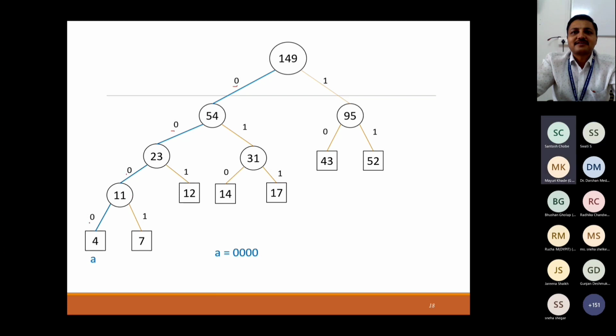So this is the frequency of A, and this is the code of A. Same thing for B, then C I have shown here, we can see D, then E, F, and G.